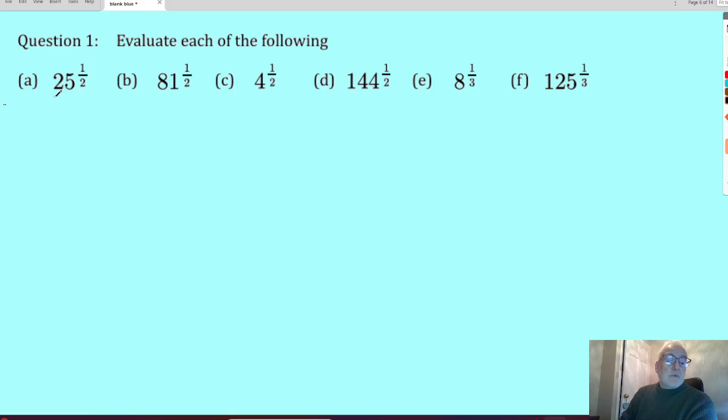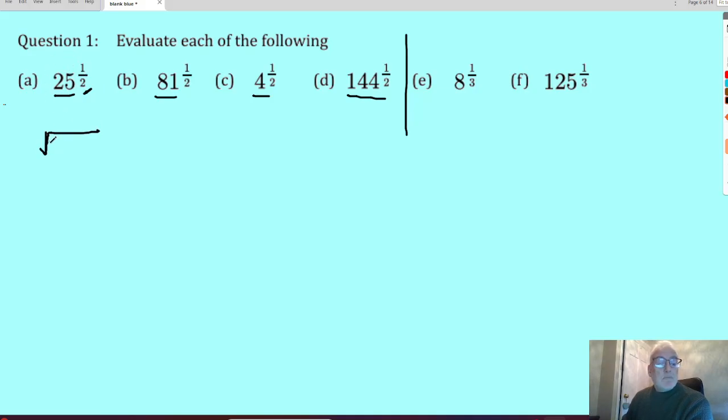So if I'm looking at this one, you can see 25, 81, 4, 144. Okay, they're all square numbers. So 25 is 5 times 5, 81 is 9 times 9, and so on. And what raising something to a fractional index means is that we're actually going to perform the root of that number.